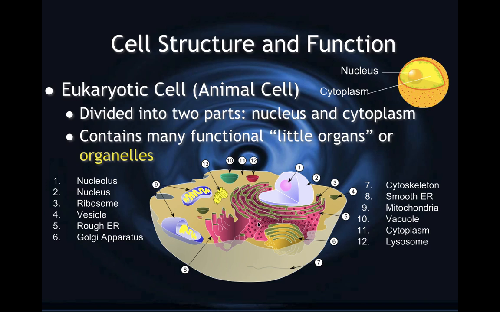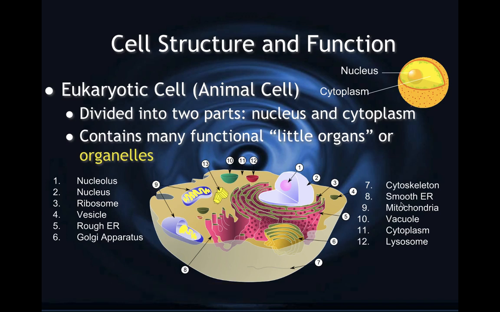Number 6, we've got the Golgi apparatus. And its job is to package proteins into vesicles for transport outside of the cell. 7, we've got the cytoskeleton. Just like your body, your bones, your skeleton holds you together. The cell has a skeleton that holds it together too.